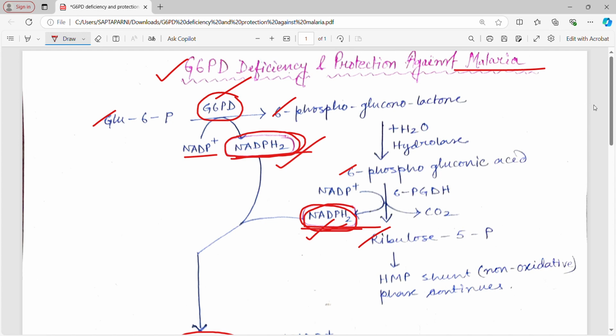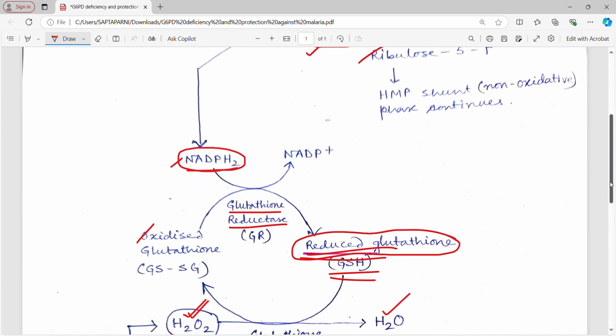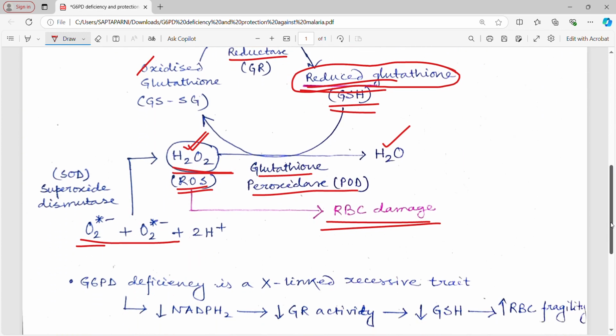So that is how G6PD helps in free radical scavenging of our cells and saves our cells from the toxic effect of hydrogen peroxide or reactive oxygen species. Okay, now I think up to this portion it is clear in your mind.